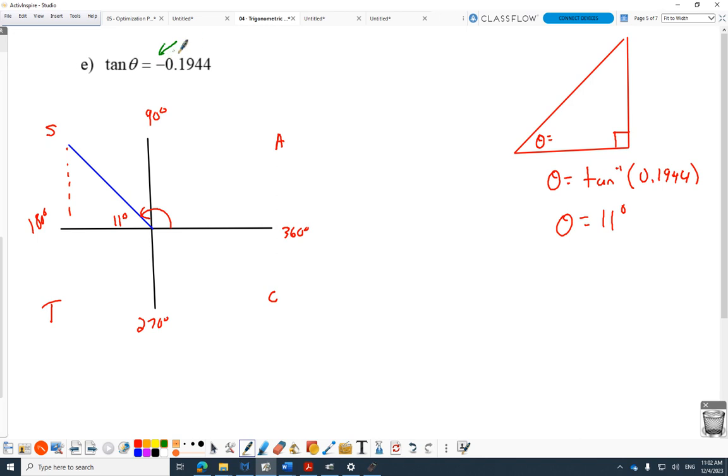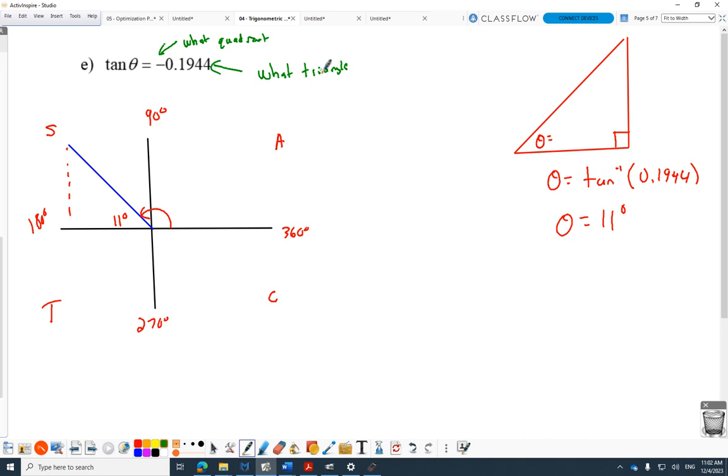This will help. This tells you what quadrant. That's what the negative's telling you. The 0.1944 says what triangle? That is extremely helpful when you're thinking these through. So I ignored the negative and went, okay, I just need the triangle first. I just need the acute angle. I'm not going to use negatives at all.